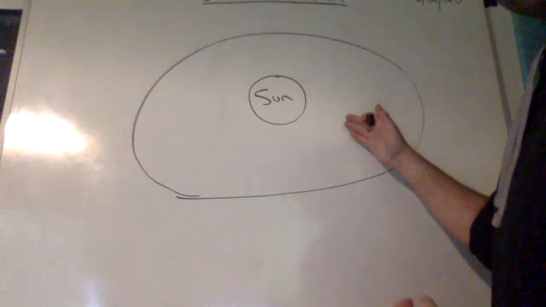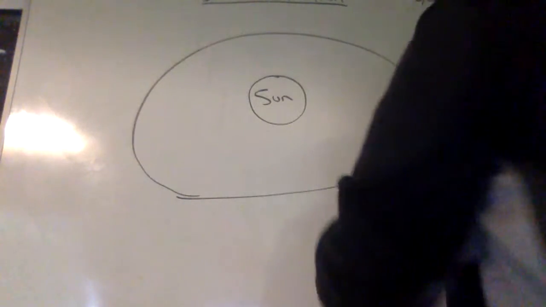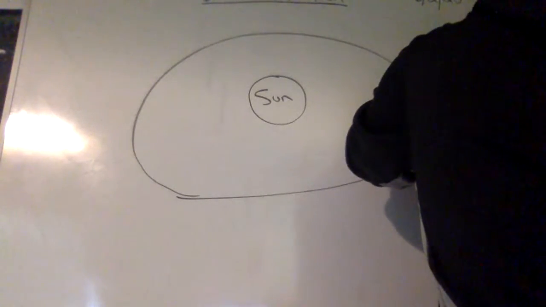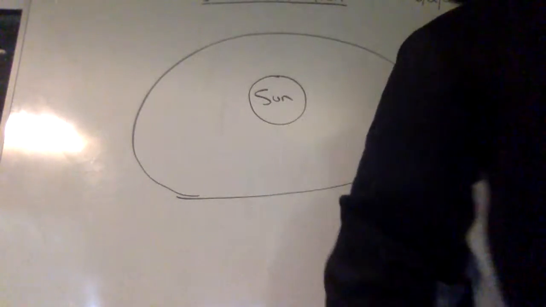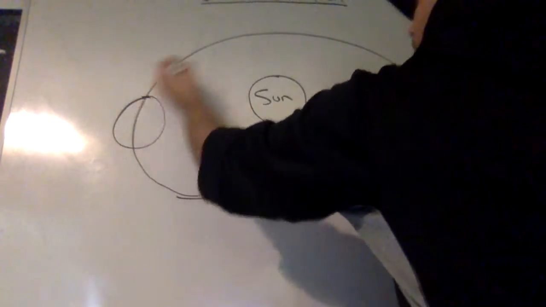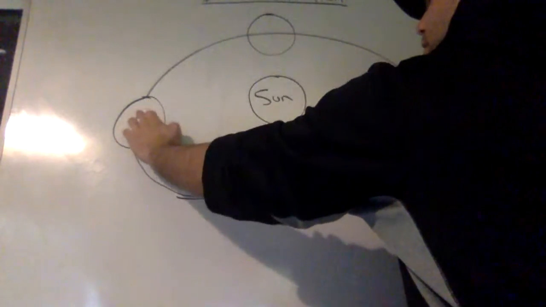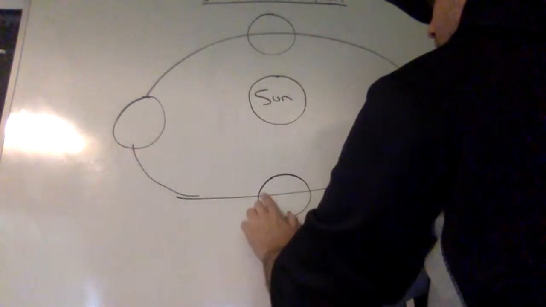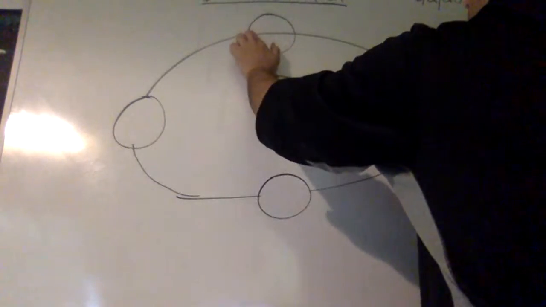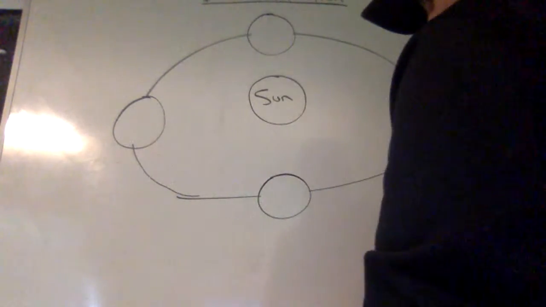Remember, it's not a perfect circle because our orbit is a little eccentric. You have your Earth going around. Okay, and just to make it easy, I'm going to erase the actual lines inside. Okay, so that's what they give you first.